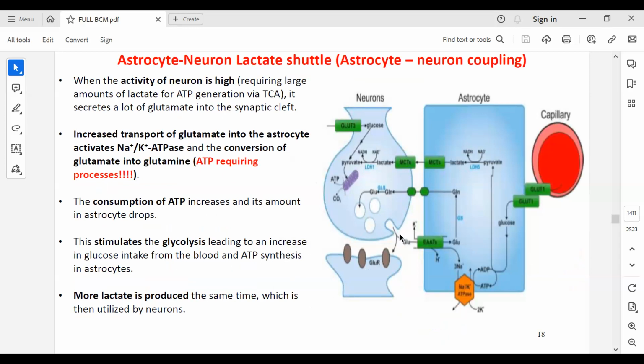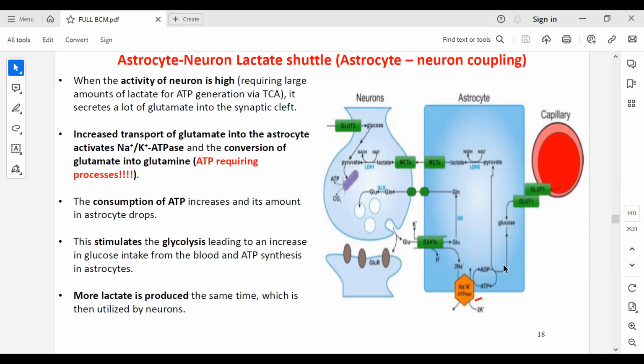Increased transport of glutamate into the astrocyte will activate the sodium potassium ATPase channel and the conversion of glutamate into glutamine. And this process, of course, requires ATP. So the consumption of ATP increases and its amount in the astrocyte drops.